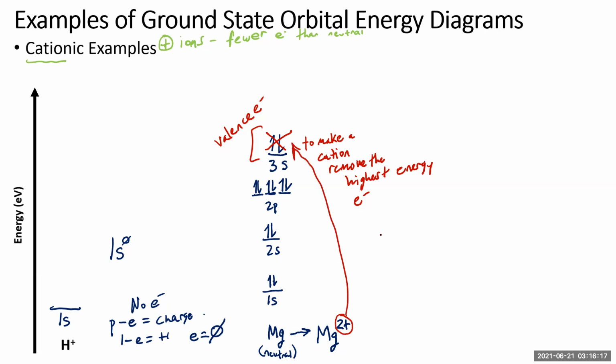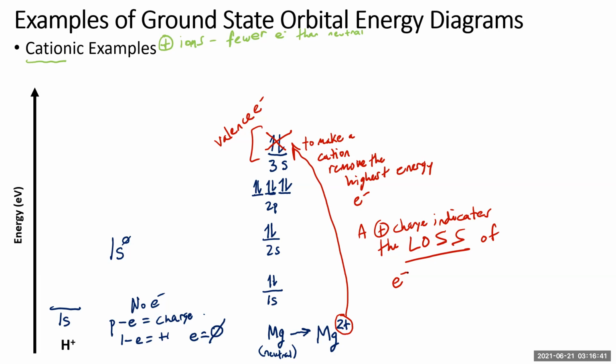Remember, a positive charge indicates the loss of that many electrons. A positive 2 charge means we have lost 2 electrons compared to neutrality. 2 electrons are gone.